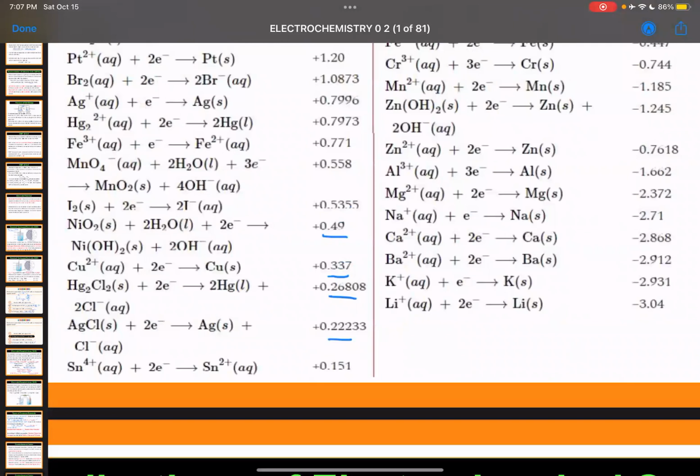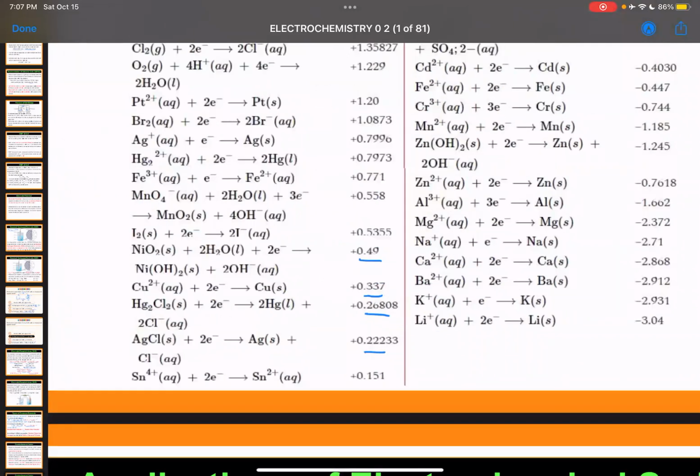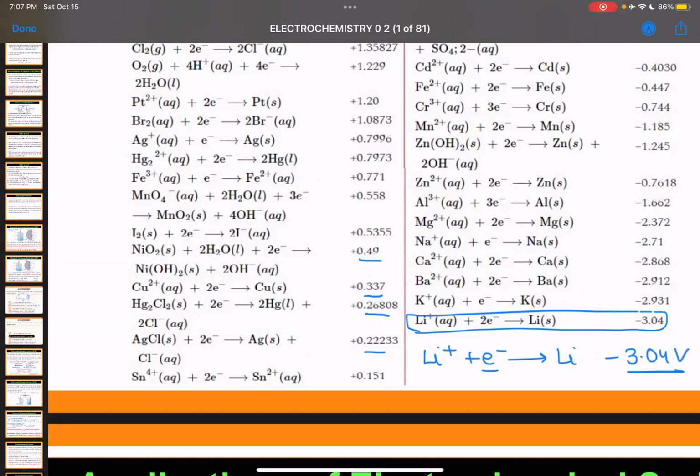Okay, so in the electrochemical series, there are many elements. You should know that lithium is the best reducing agent. Is it clear why it is the best reducing agent? It is not accepting electrons, minus 3.04 volt. What does it mean?